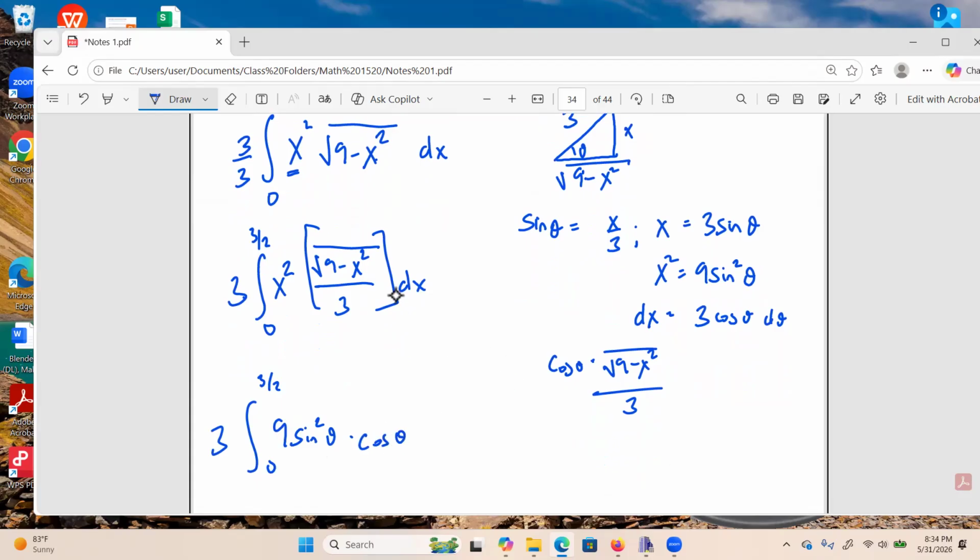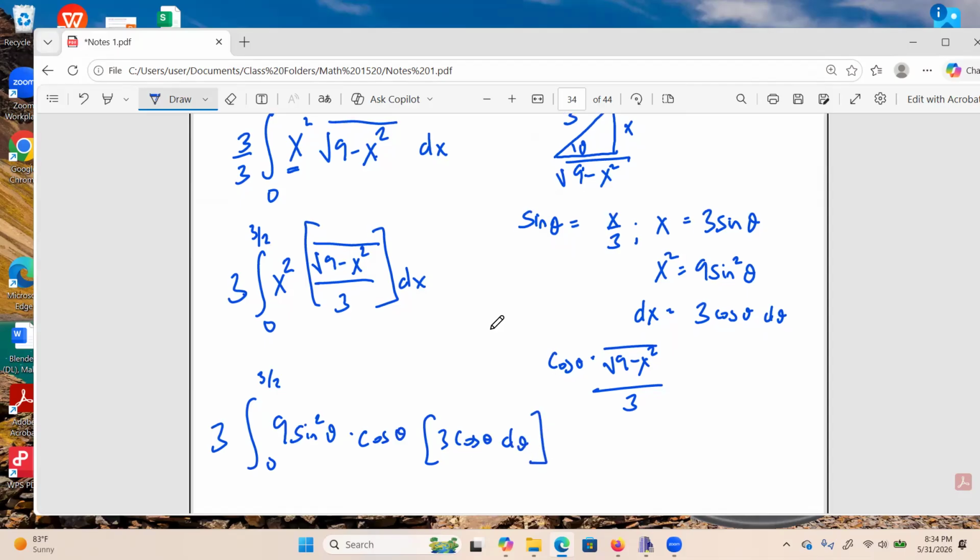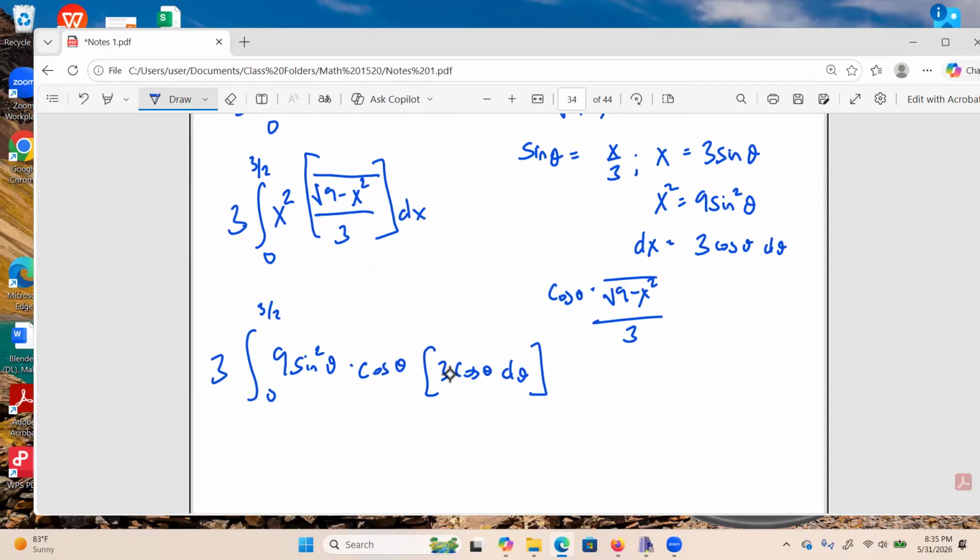And then we have our dx, and our dx is going to be 3 cosine theta d theta. So we have 3 times 3 times 9, so we have an 81. And here we have the integral of sine squared theta, cosine times cosine, cosine squared theta.